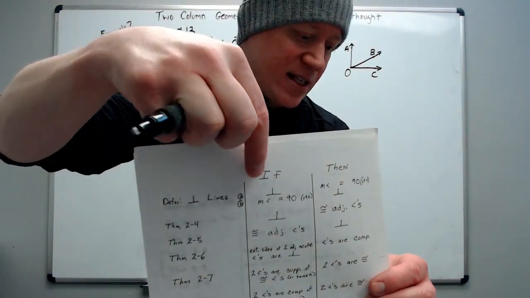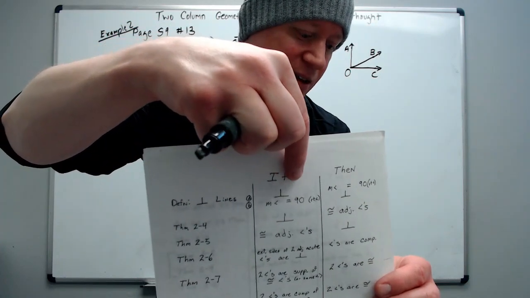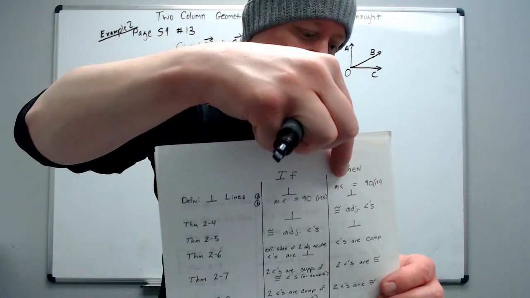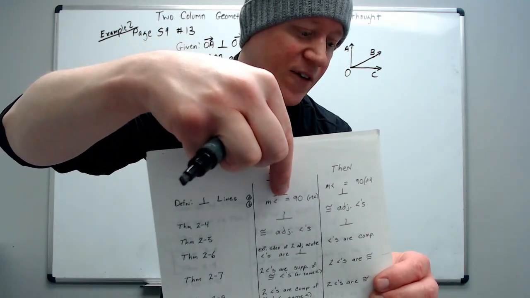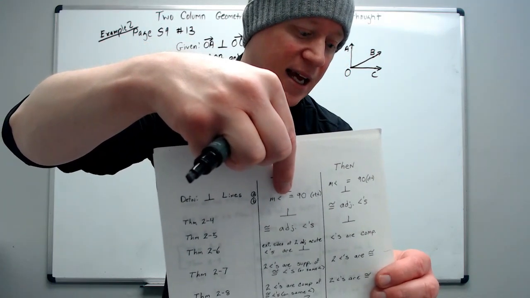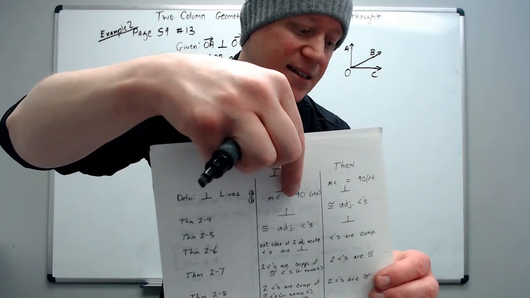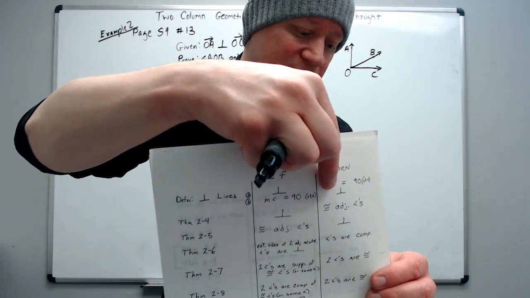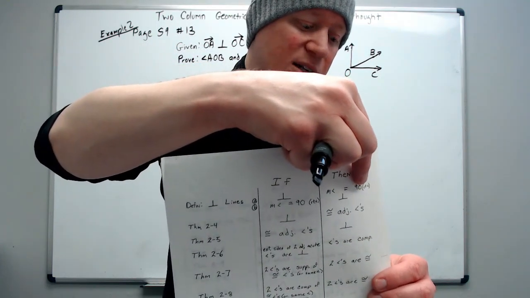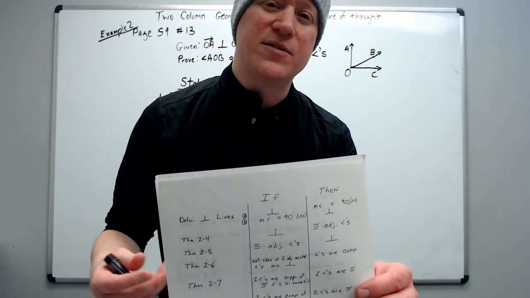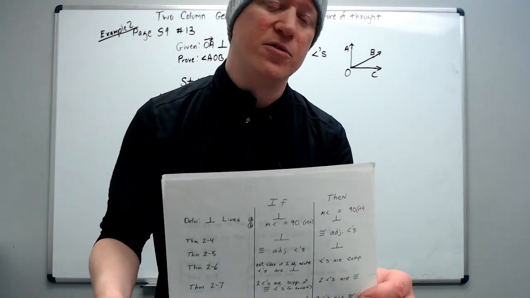The first one says, basically, if lines are perpendicular, then the measure of their angle is 90 degrees. The second version is, if I know the measure of an angle is 90 degrees, then I can say that it is perpendicular. You can also, instead of saying the measure of the angle is 90, just say it's a right angle if that's going to benefit you more for the proof that you're in.